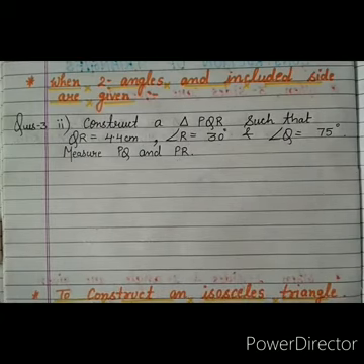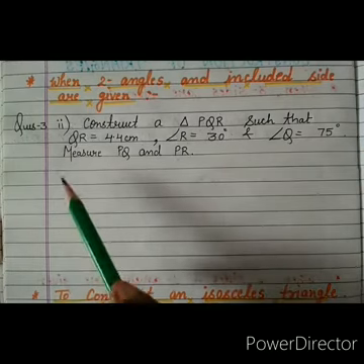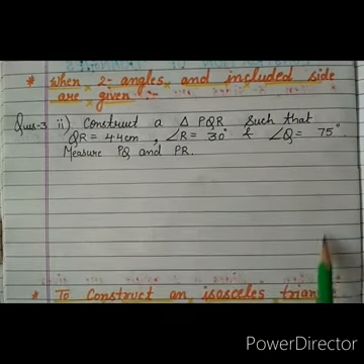So in order to construct triangle PQR, first we have to construct a base of a triangle. We have given one side, that is 4.4.